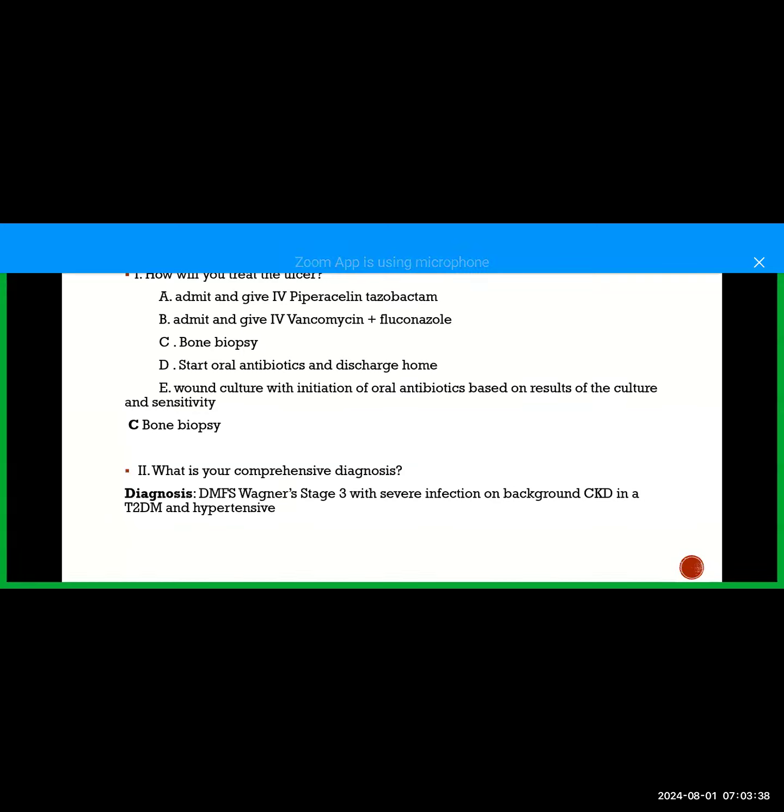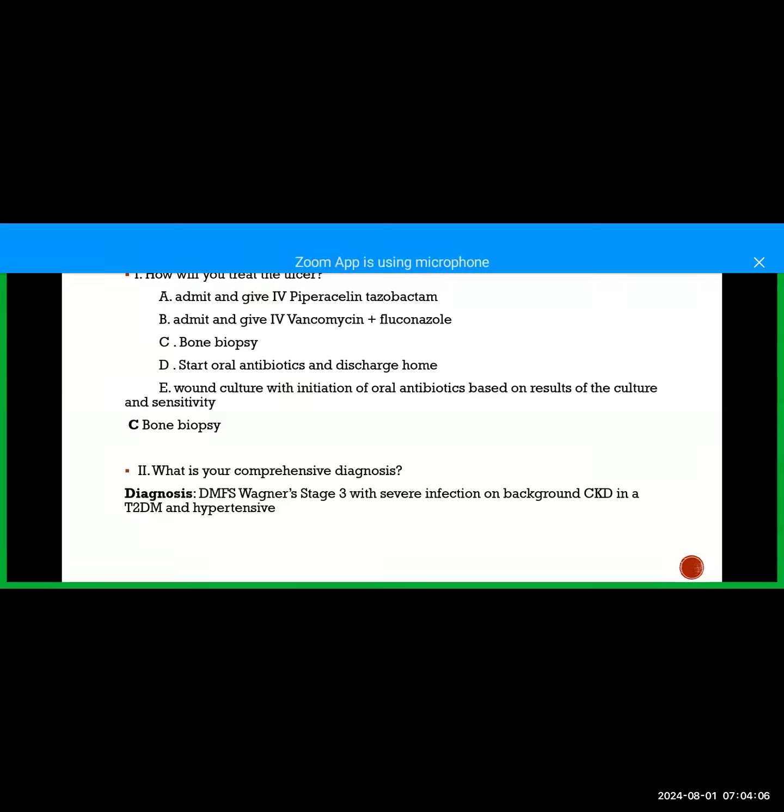In terms of the comprehensive diagnosis, I said diabetic foot syndrome, Wagner stage 3, because the patient already has clinical osteomyelitis at this point, with bone visibility and severe infection, on a background of chronic kidney disease in a type 2 diabetic and hypertensive patient. So that's my diagnosis.